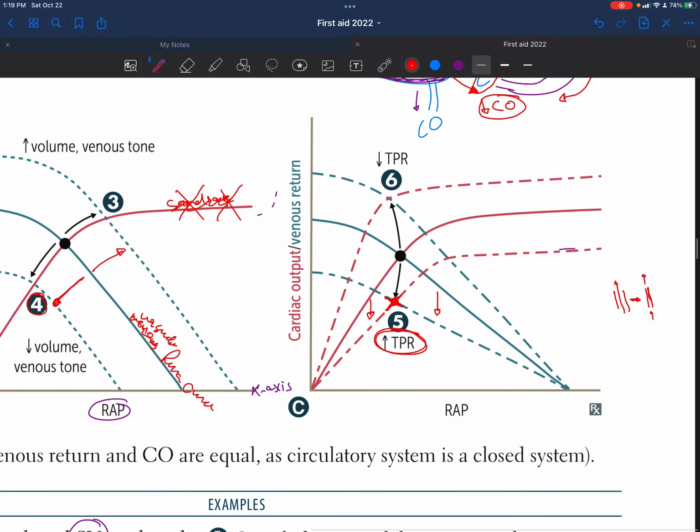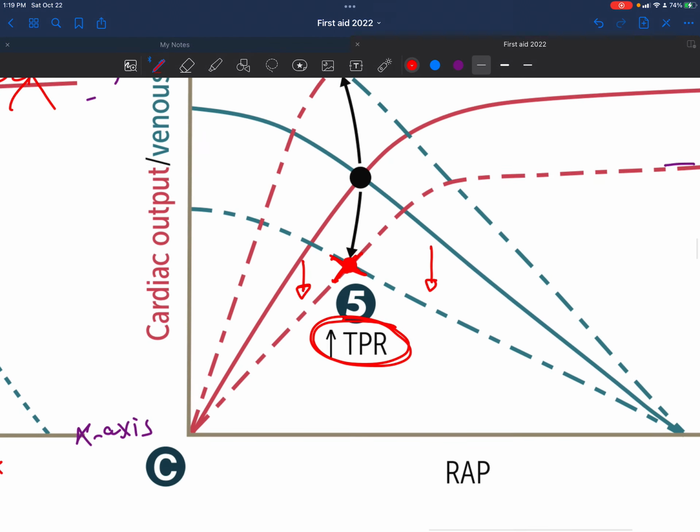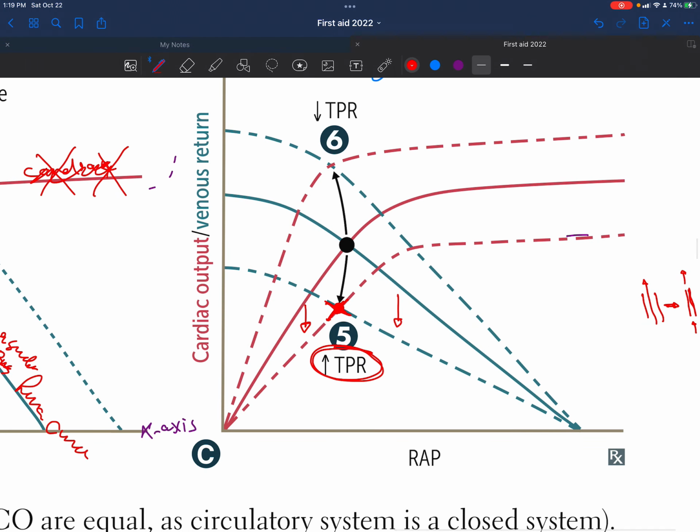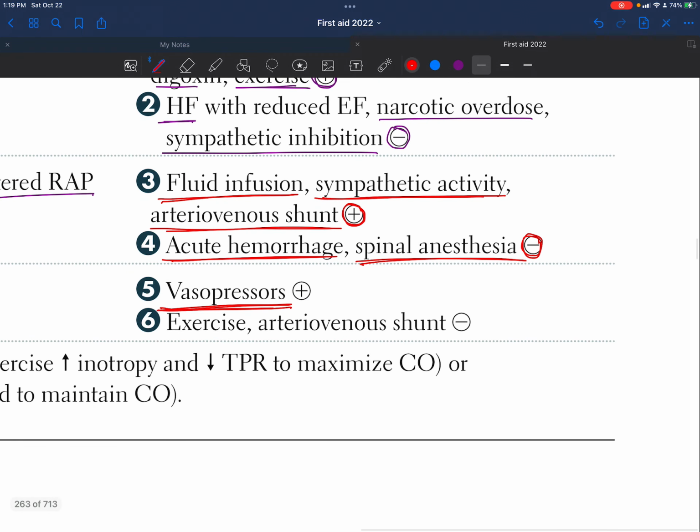This is the normal point that we talked about earlier. Now it's going to change and go to a lower place, because this is the only way that changes happen to both curves, the cardiac and the vascular, because total peripheral resistance affects both.